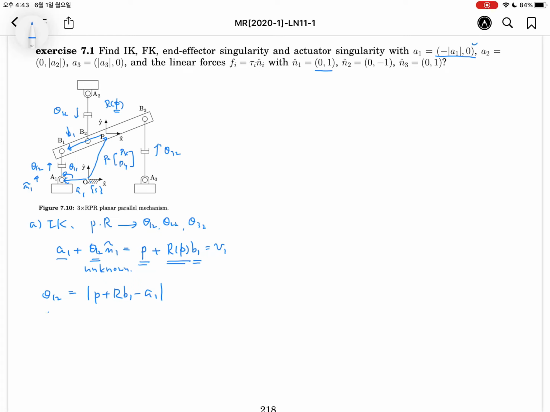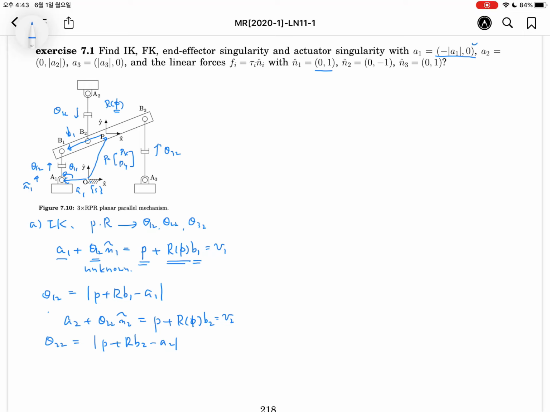One more, the second loop: A2 plus theta 2 n2 as a unit vector will be equal to p plus Rb2. Let's denote it as v2 because we know every variable except theta 2. So theta 2 can be obtained as the magnitude of p plus Rb2 minus A2.